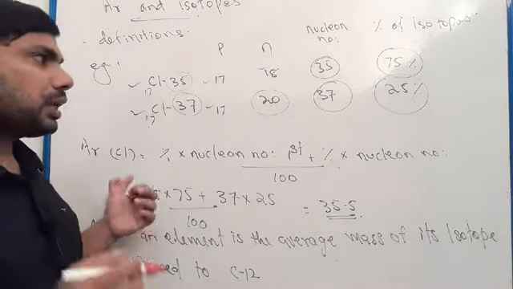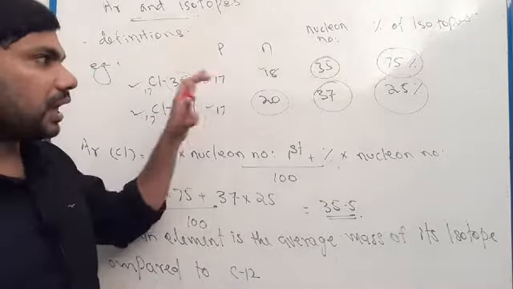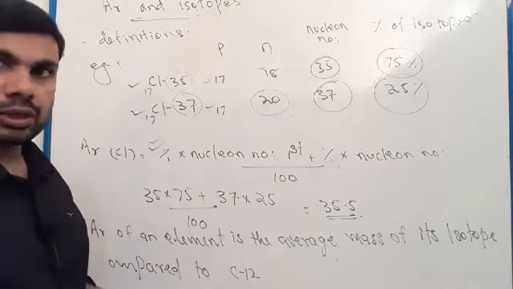To get the relative atomic mass of chlorine from the different isotopes, this is the equation. You have to remember this equation.